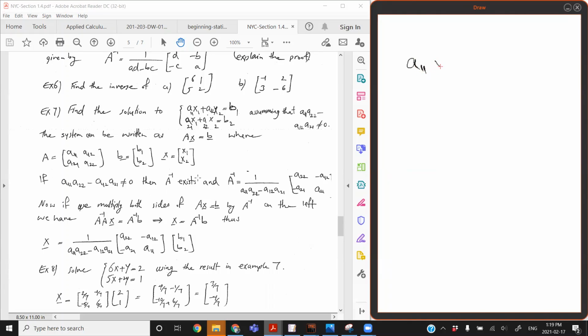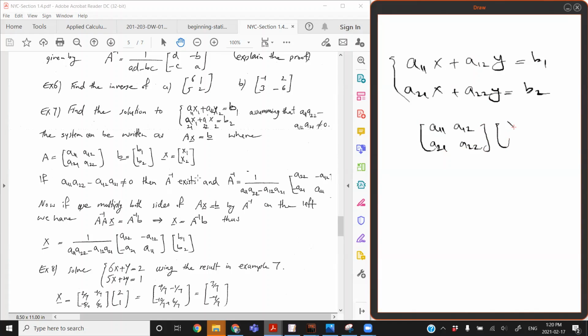So if you have a11 x plus a12 y is equal to b1, and you have a21 x plus a22 y is equal to b2, you can write this linear system of two equations and two unknowns. You can write it as a11, a12, a21, a22 times x, y is equal to b1, b2.